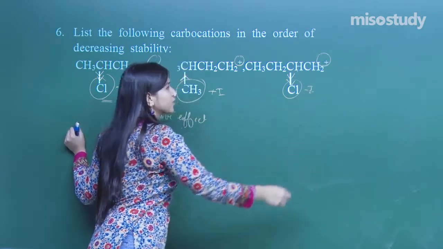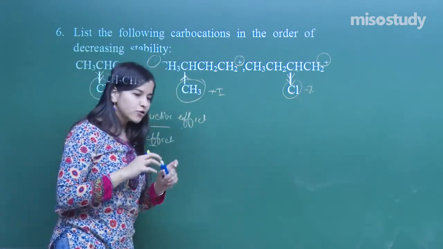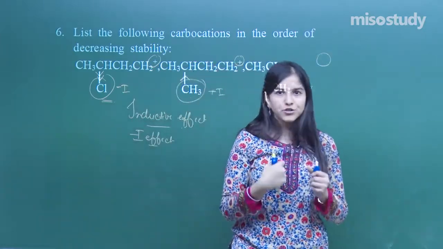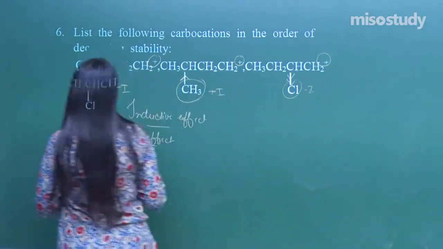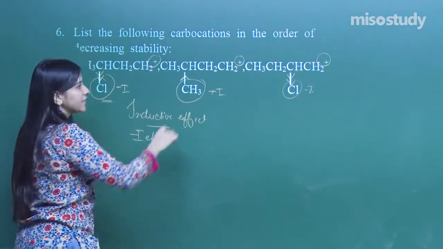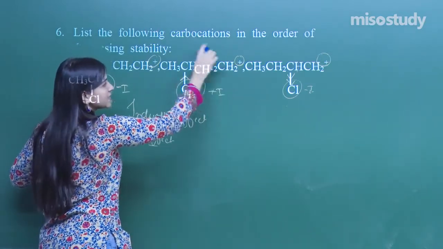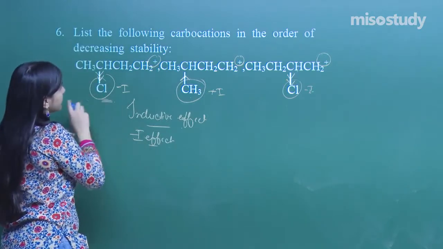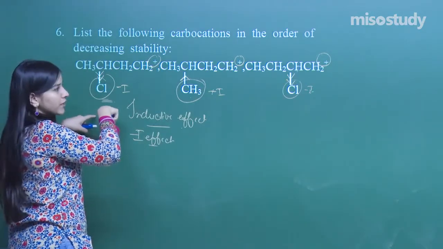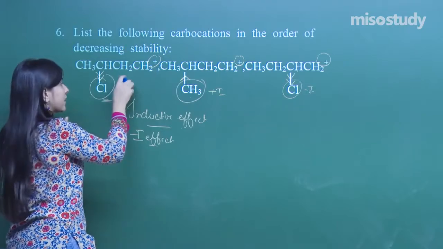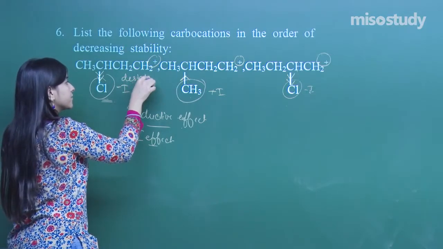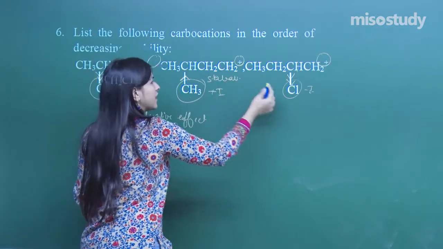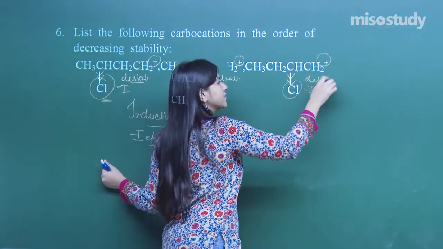If there is a positive charge, I should have a group which is donating, or a group which is withdrawing? I should definitely have a group which is donating, then only it will stabilize that positive charge. So over here, I have got chlorine, it will be destabilizing, this will be stabilizing, and this will be destabilizing.